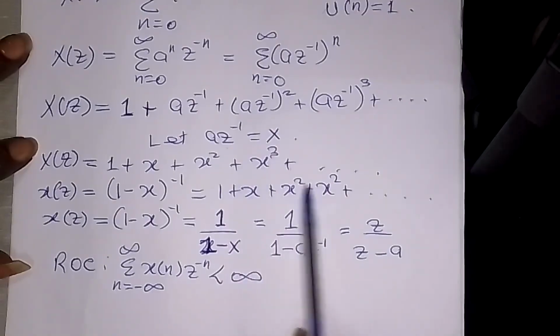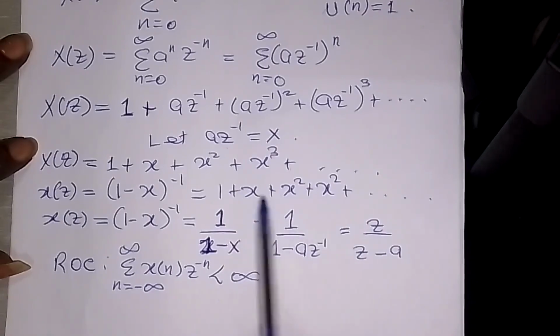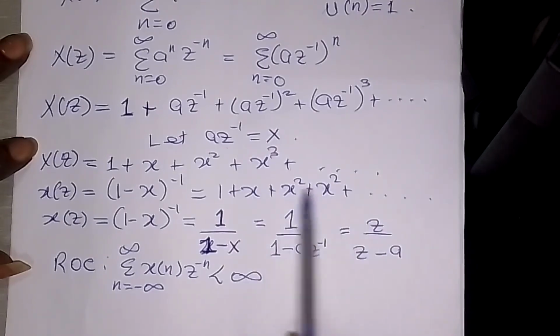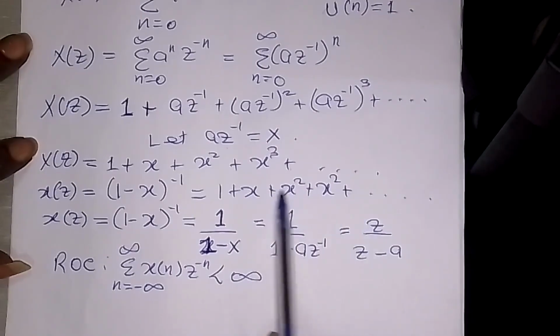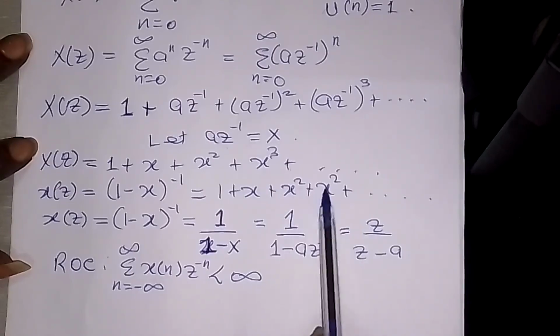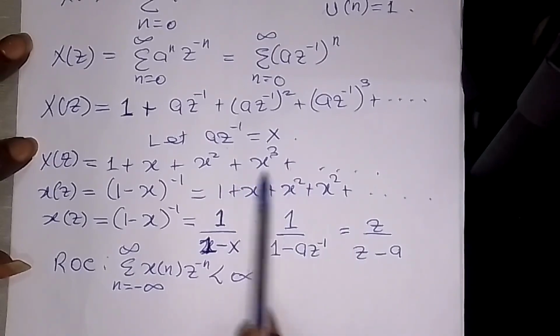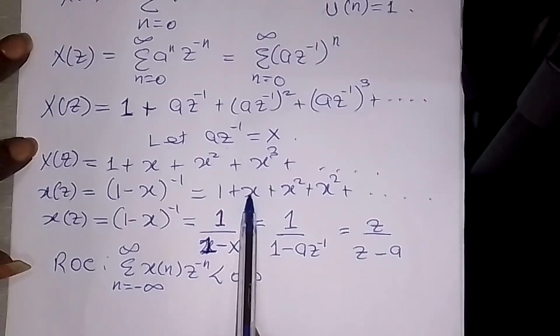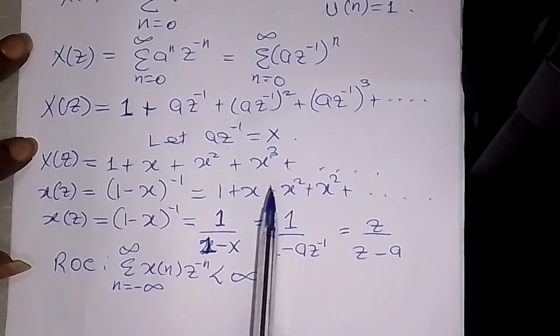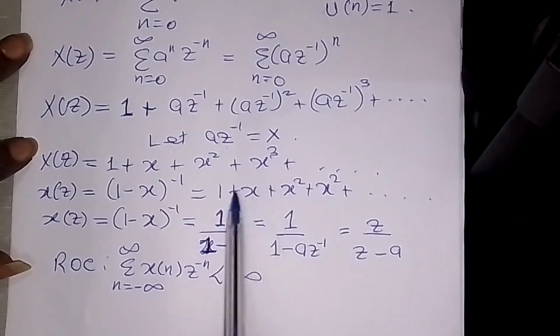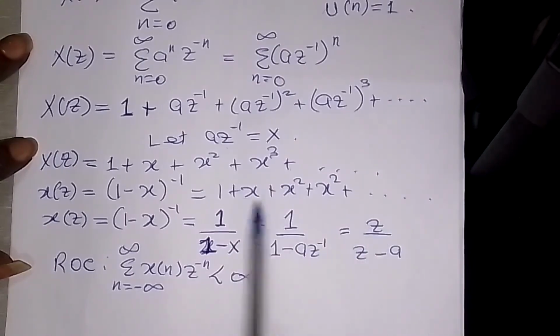Now, if you look at this particular series, whenever x is greater than 1, it will never converge because this summation is going to infinity. So for this summation to converge from mathematical principles, x should not be greater than 1. If x is greater than 1, like if you take 2, 3, 4, then it's going to continue until infinity.